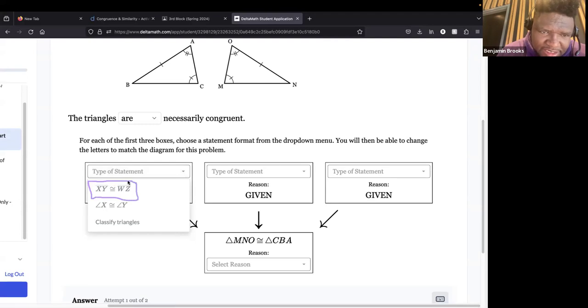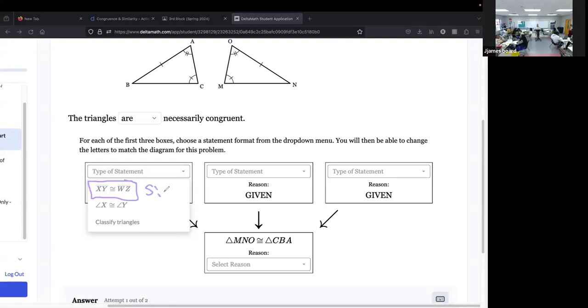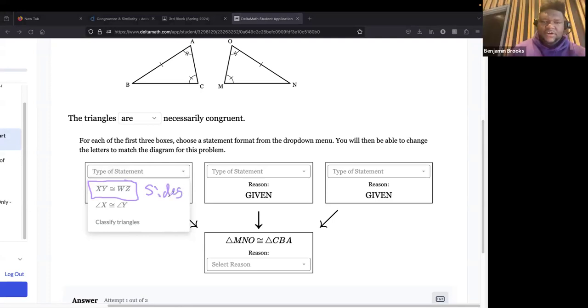This tells me sides are congruent. If you see the angles, this one represents angles. So I want to prove that the sides are congruent.